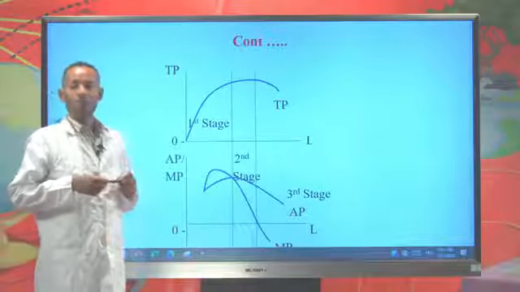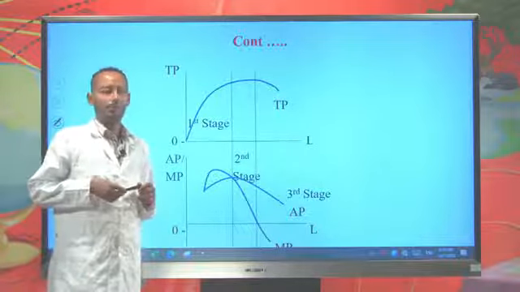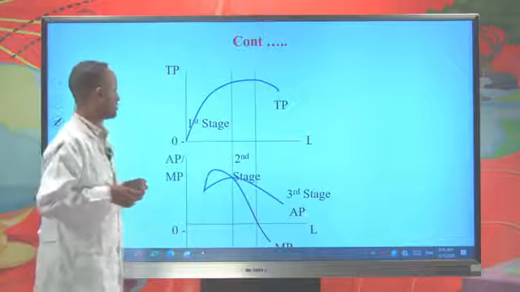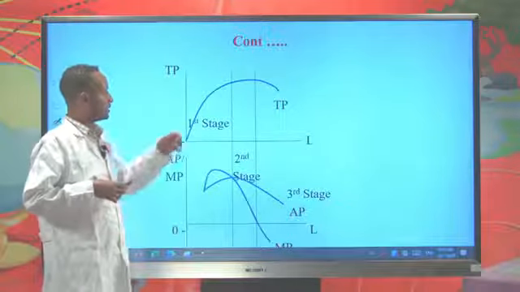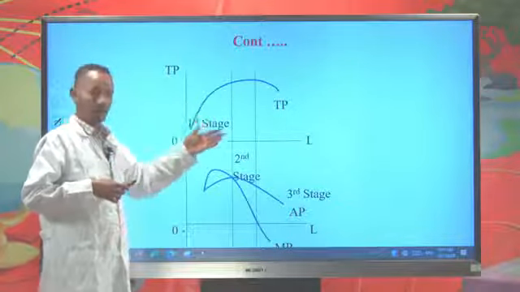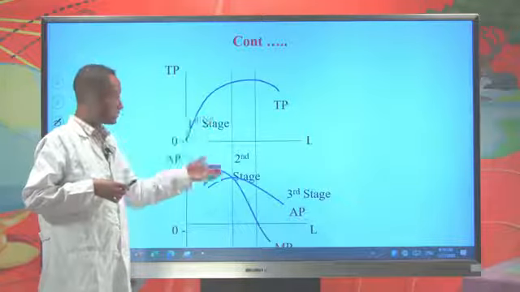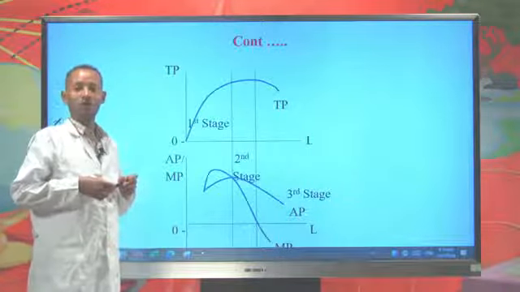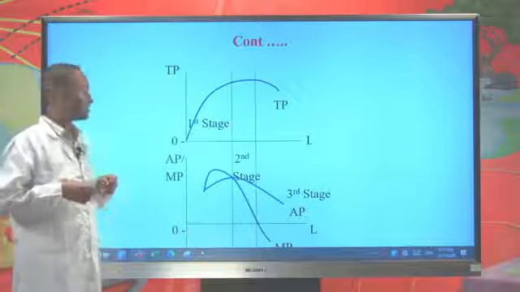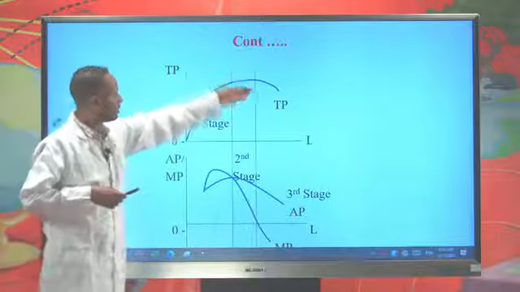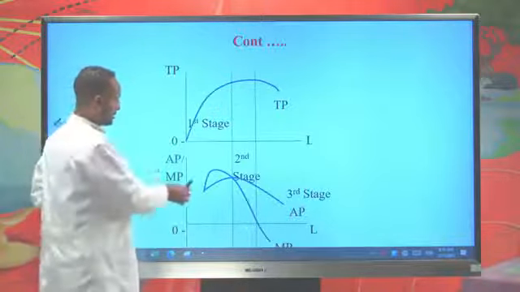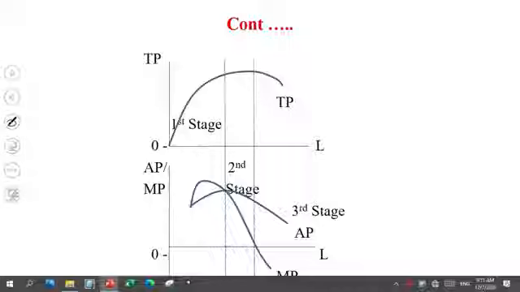Now, from these curves, we can point out some relationships between total product, average product and marginal product. First of all, let's see the relationship between the total product of the variable input labor and the marginal product of the variable input labor.